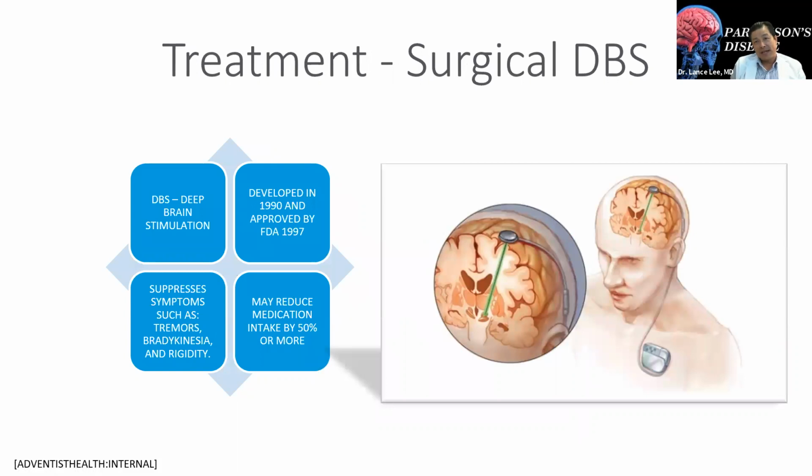When the disease has progressed and we don't have any more options, after about 12 years, sometimes even shorter, 10 years, some people will run out of the medical options because they don't respond to the treatment anymore. Then we have surgical options for the Parkinson's patients. The most well-known surgical treatment is deep brain stimulation, which was developed in the 90s, and now it's actually being practiced every day in certain centers where they take care of movement disorder patients.